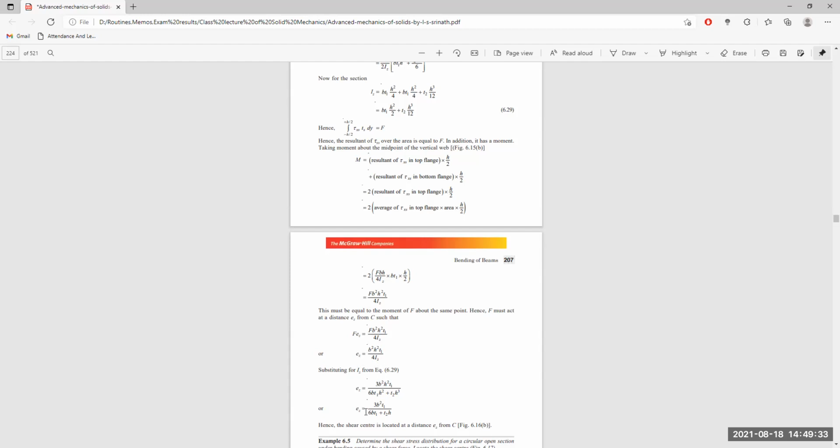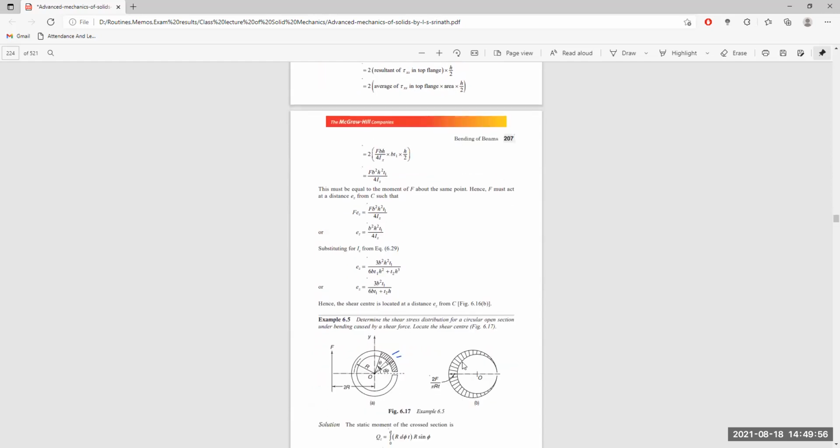Substituting for Ij, we have 3 B square H square into T1 divided by 3 B T1 H square plus T2 H cube, or E2 is 3 B square T1 divided by 6 B T1 plus T2 H. Hence, the shear center is located at distance E2 from C itself.